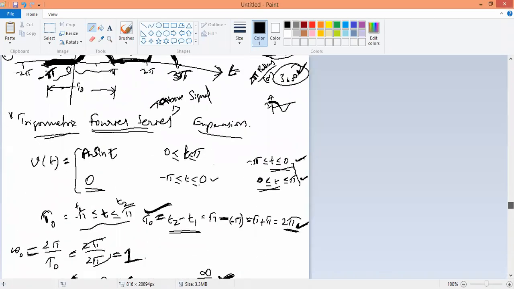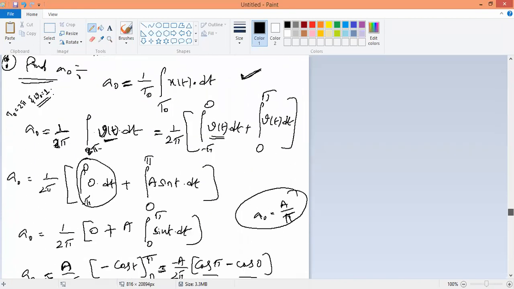Substituting both values, in the first interval v of t is 0 dt, plus integral 0 to pi of A sin t dt.